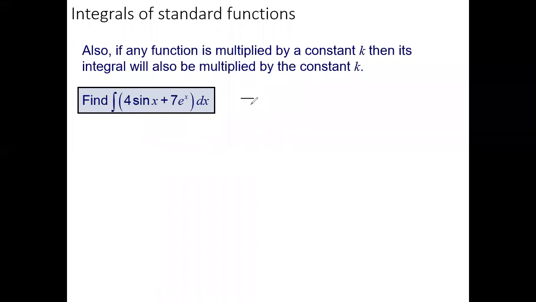Okay, so in our solution, this is just going to be the integral of 4 sine x dx plus what? Integral of 7e raised to the power x dx.